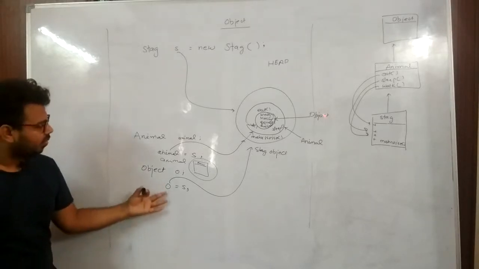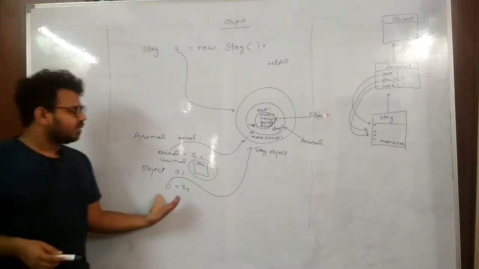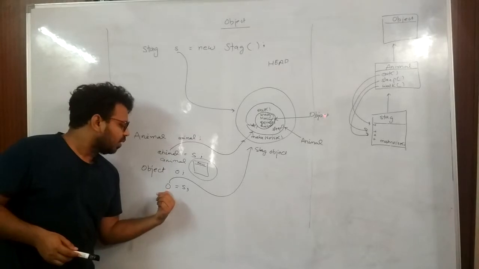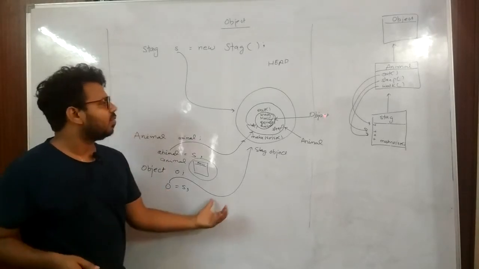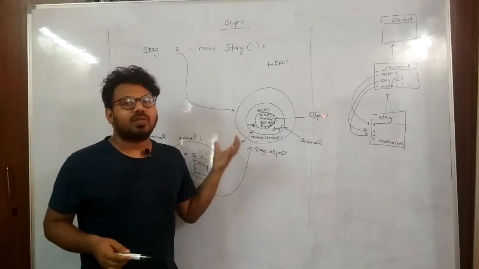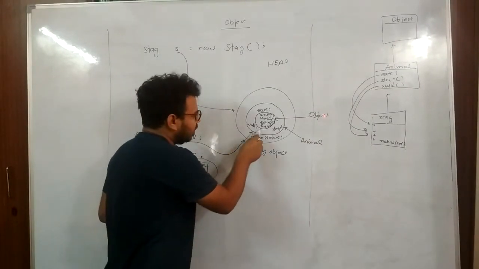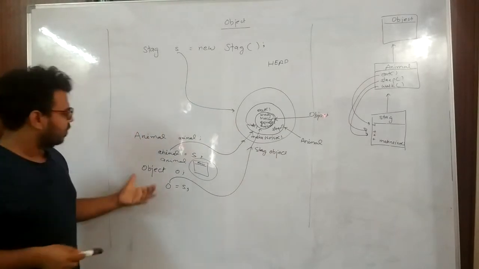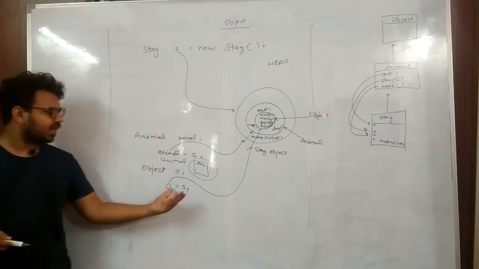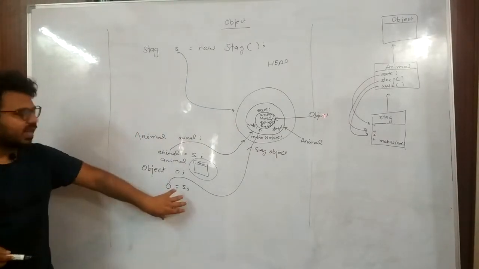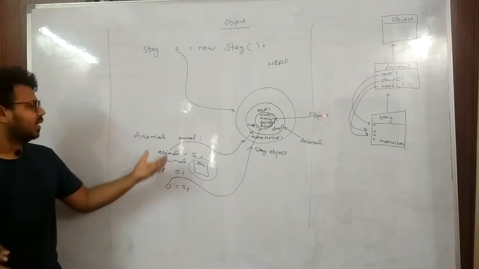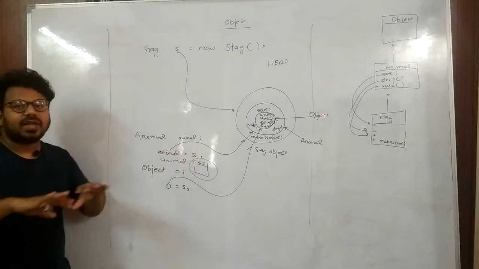Now let us think of object. The same thing. In case of object, we are going to access only object related behaviors, that is the object portion of this stack object. When we assign this stack to an object reference, it will behave like an object. In case of animal, this object will behave like an animal.